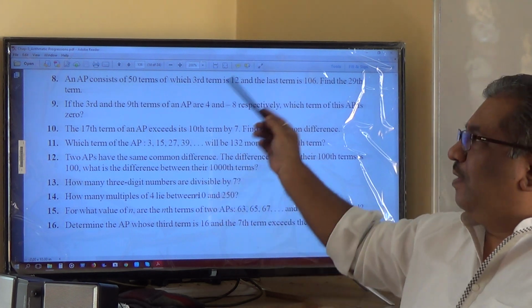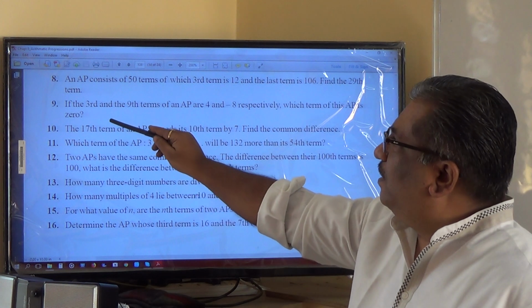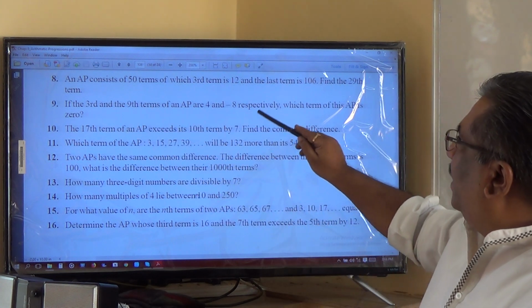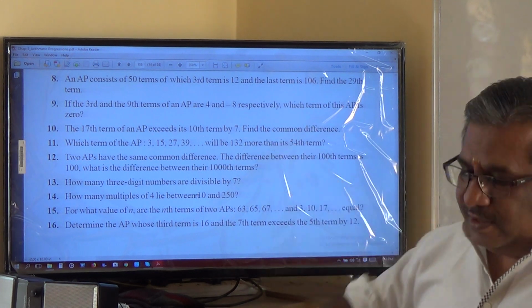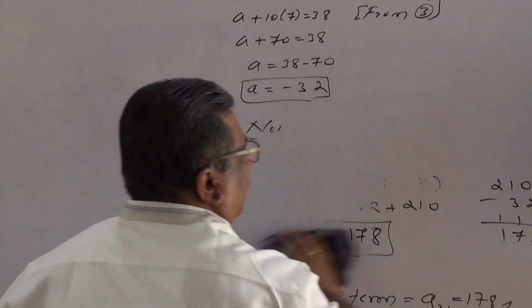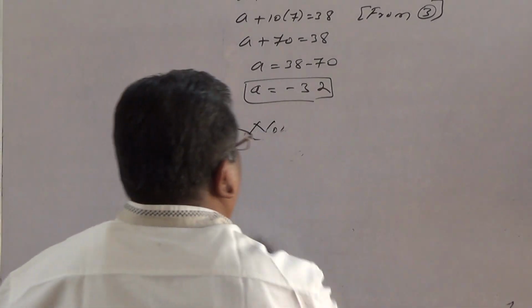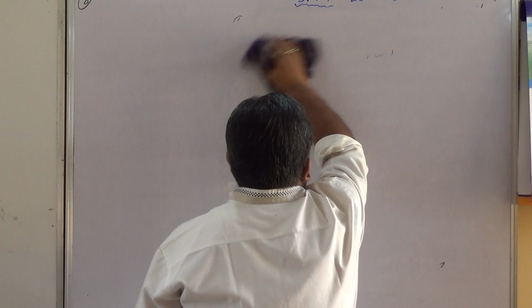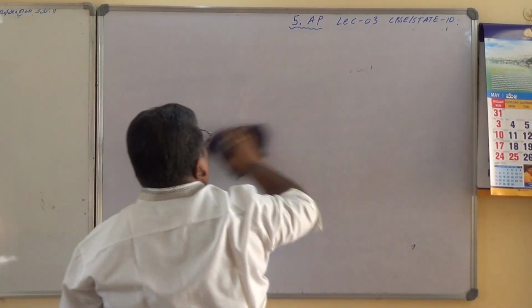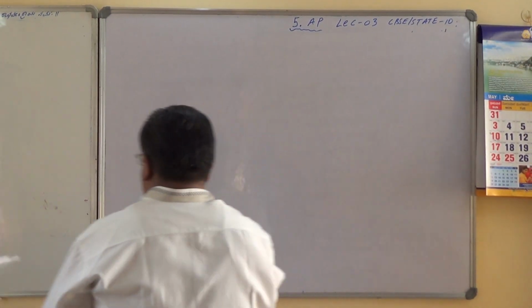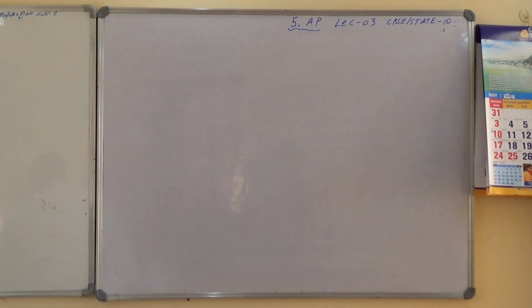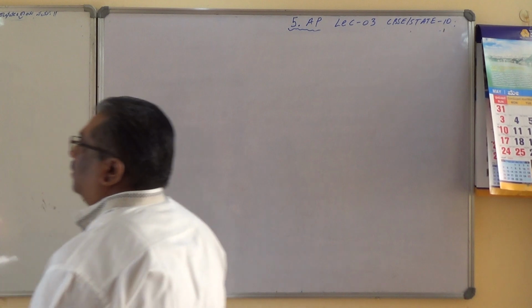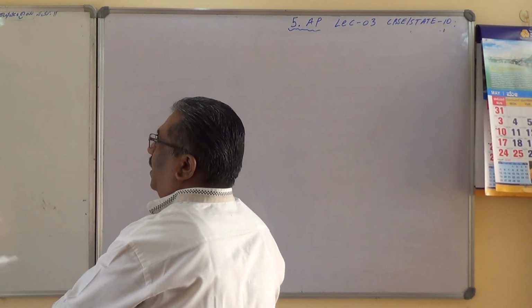Solve yourself. Next, if third and ninth terms of an AP are 4 and minus 8 respectively, which term of this AP is 0? Let me solve this one. Ninth one. Third and ninth terms of an AP are 4 and minus 8.